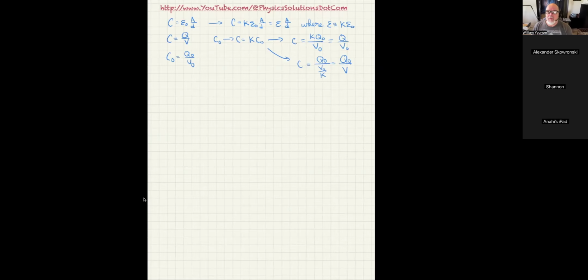Actually, no, that's going to make a K squared, so that's not right. But there might be some mathematical way to do it. I don't know of any particular cases where you can do that with a capacitance and have those things change by a partial amount. In fact, all I know from the experience I've had and the literature I've read is that either the K goes up or the V goes down, and that's it.